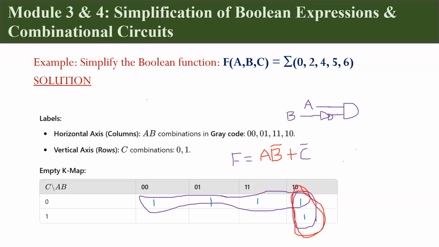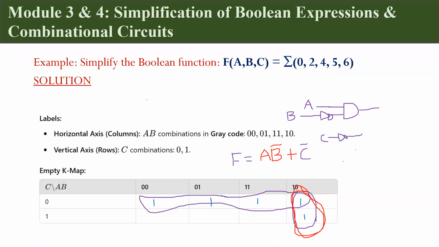This inverter will change it here, and it will become B bar at this point. And so this one will come out. Then the next one is C bar. So we can also see C is coming here, but definitely it will also go through an inverter that will invert it.